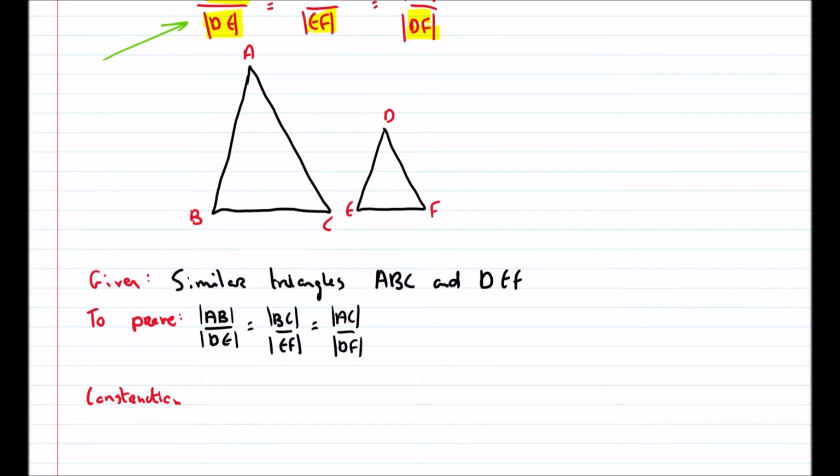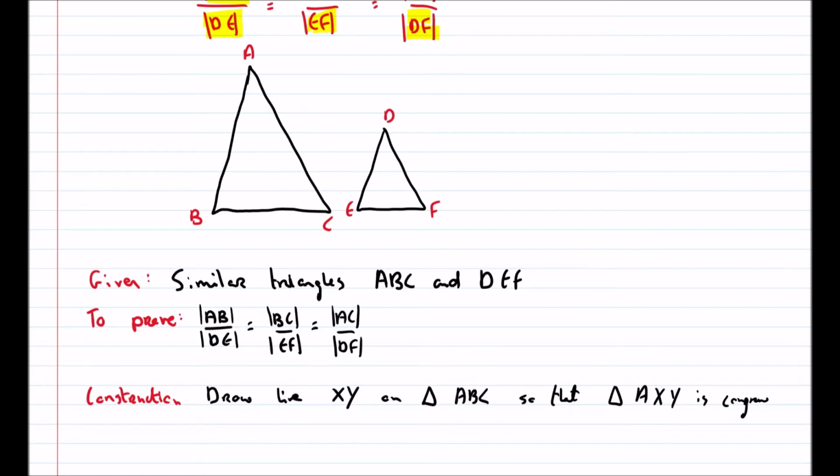Construction. Right, what I'm going to do is, use a green pen, I'm going to draw line XY on triangle ABC so that triangle AXY is congruent to triangle DEF.